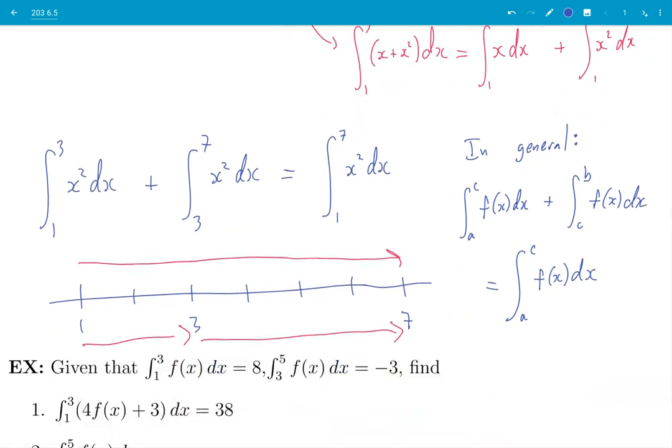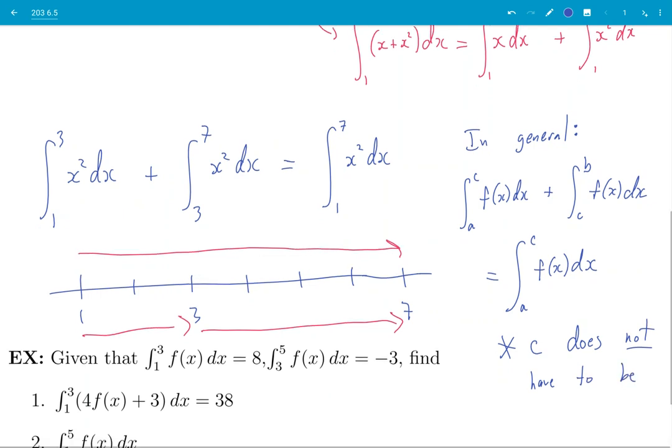So you want to say that c does not have to be between a and b.